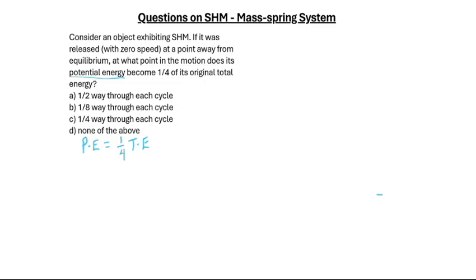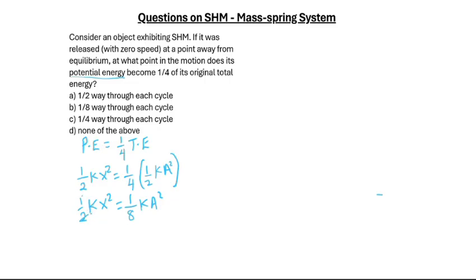We know that potential energy is half Kx square, and our total energy, rather, is half Ka square. Then we can analyze. So we have half Kx square equals 1 over 4 times 1 over 2, which is 1 over 8 Ka square.